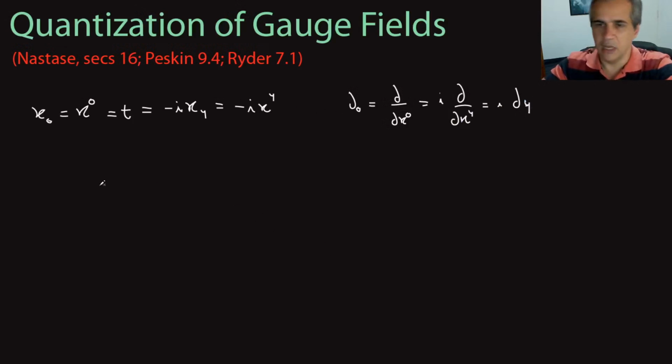Consistently with this one. I have to decide now, what do I do with the time component of the vector field? Remember, the vector field is also a 4-vector, right? So it needs to rotate too. In terms of dimensions, right? The field has dimension of energy, right? Which is like the derivative and not like the time component, right? So based on dimensions, you see that the field must transform like energy, right?